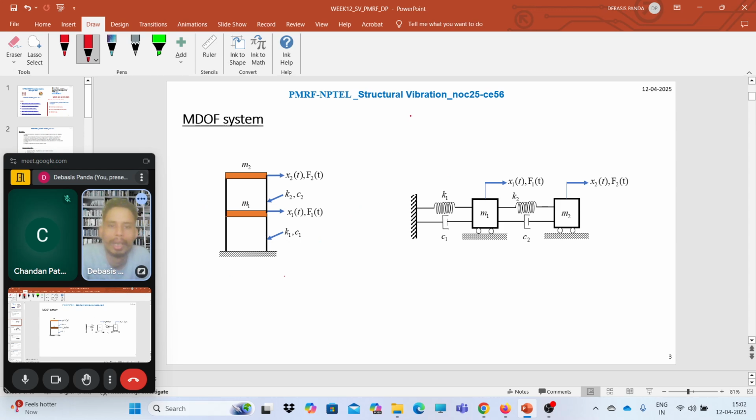So first, let's talk about degrees of freedom. What was the definition of degrees of freedom?